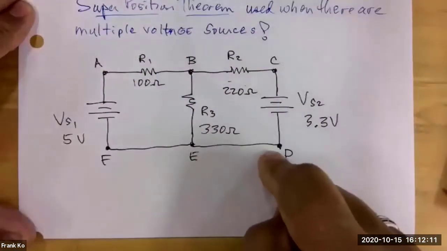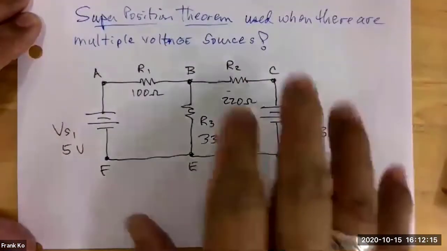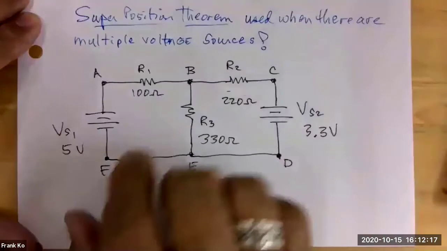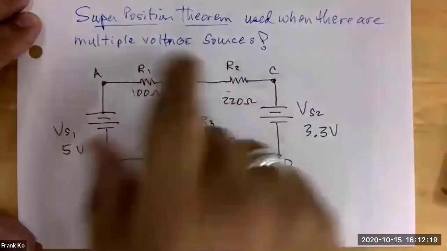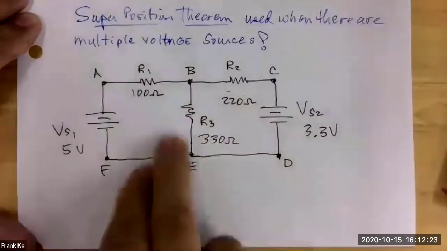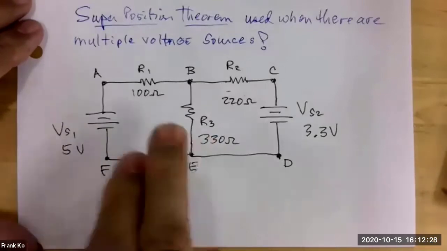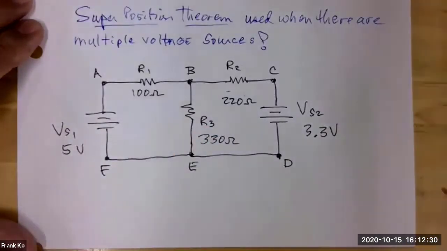So when we're playing with something called superposition theorem, this is specifically designed for circuits where there happen to be multiple voltage sources, and I have 2. And there's a very specific, very easy way of solving these. The very specific steps that we will engage will be the following.